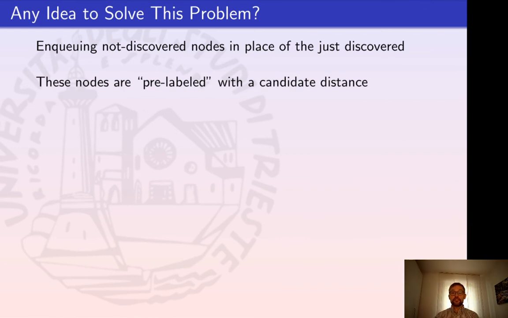Well, as I said, to solve the problem we may try to avoid enqueuing just discovered nodes, and enqueue not discovered nodes. And not discovered nodes must be pre-labeled in some sense with a candidate distance. At the beginning, the candidate distance would be infinity for all the nodes. Then we select a source.